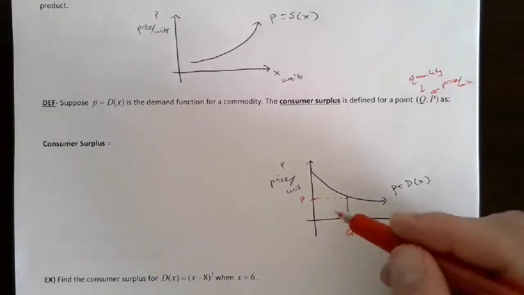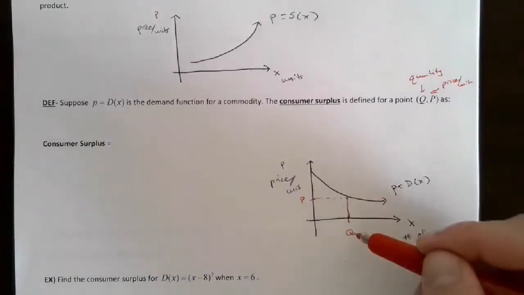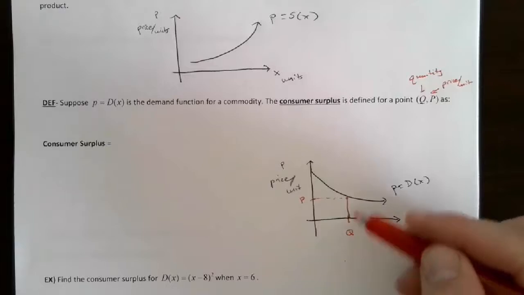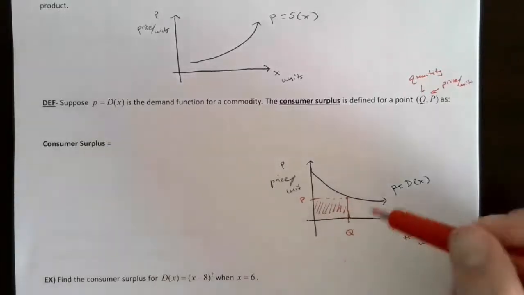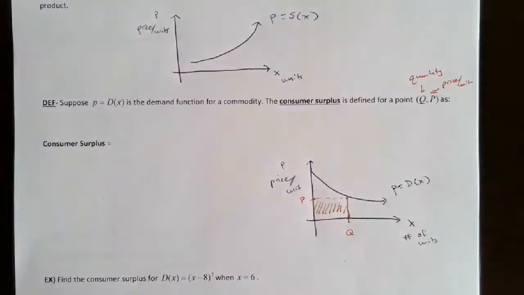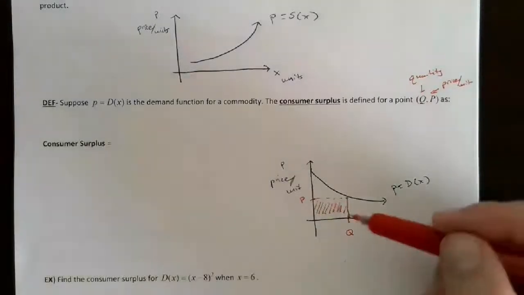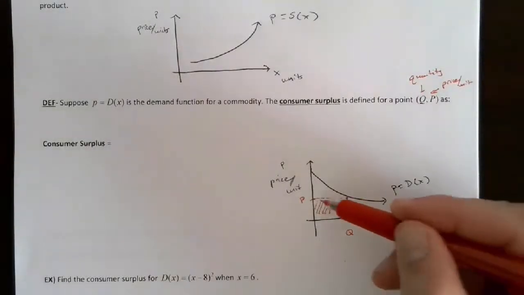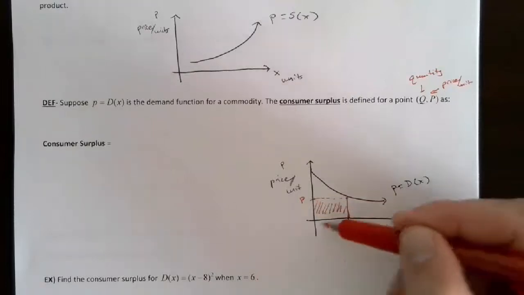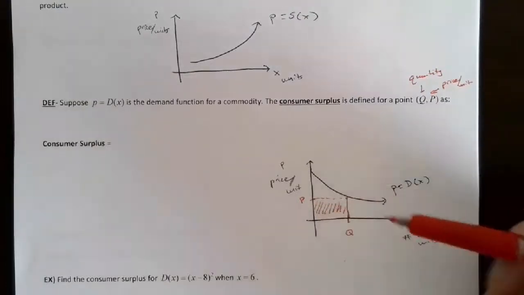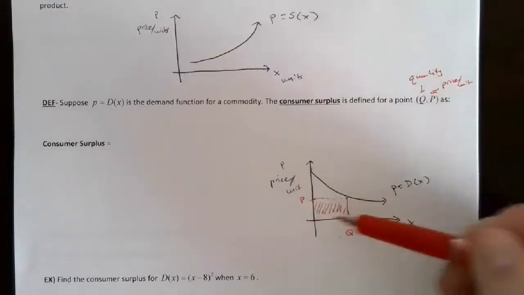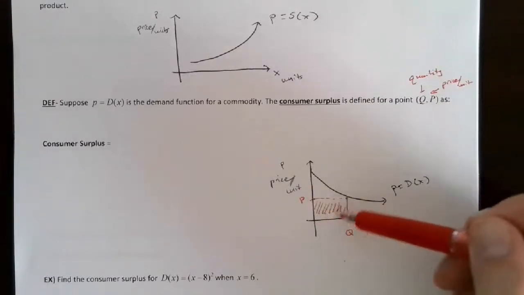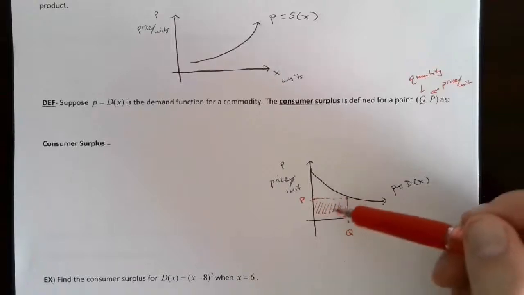So the amount of money that you're spending on what you're purchasing, the quantity times the price per unit, is given by this area here. What I just drew in red gives you the area of this rectangle, Q times P, length times width. It also tells you that when I purchase so many units of a product times the price per unit, this gives me the total cost, how much it cost the consumer.